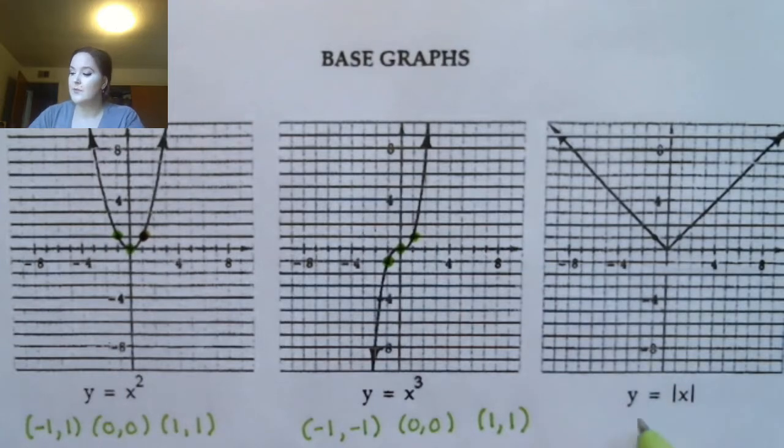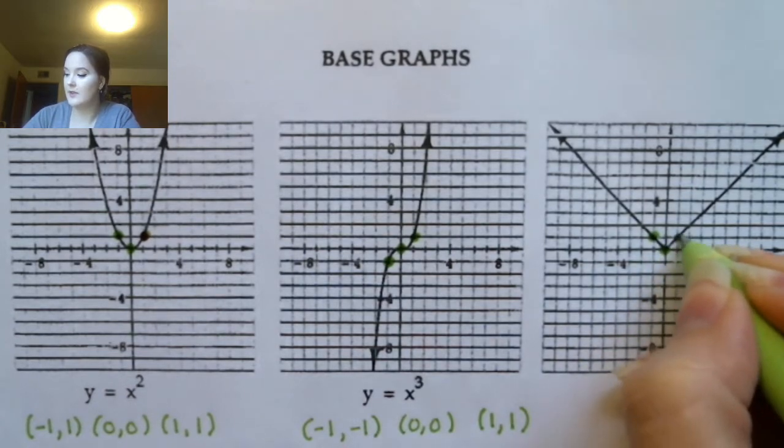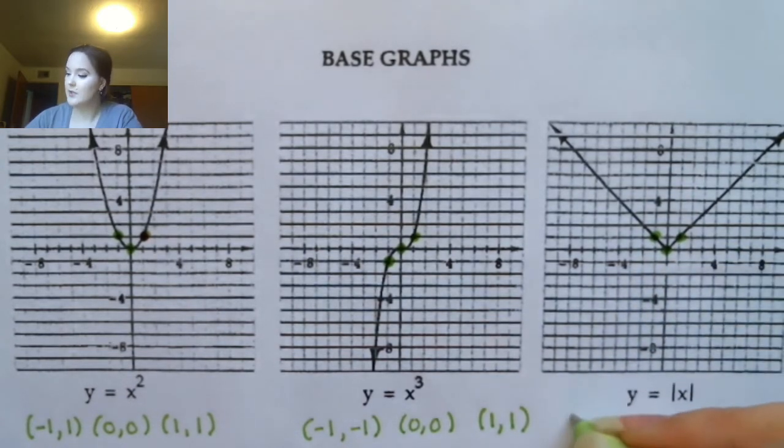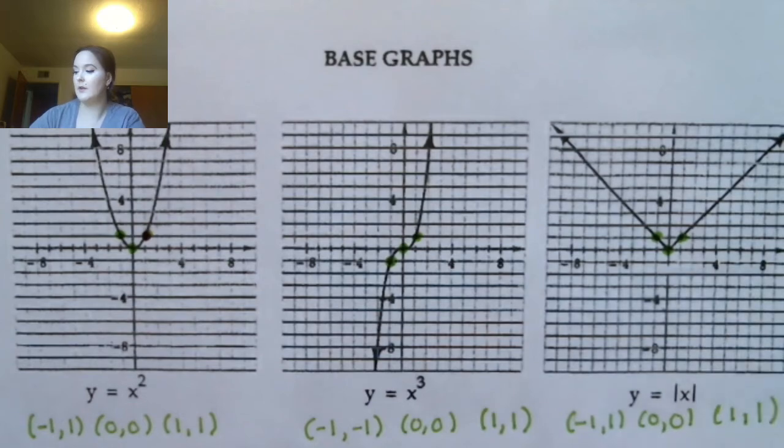For y equals absolute value of x, our three key points are going to be this one, and this one. So this will be -1, 1, 0, 0, and 1, 1.